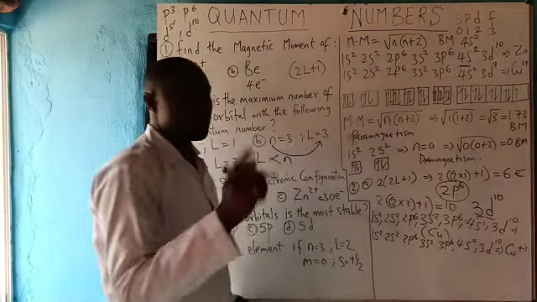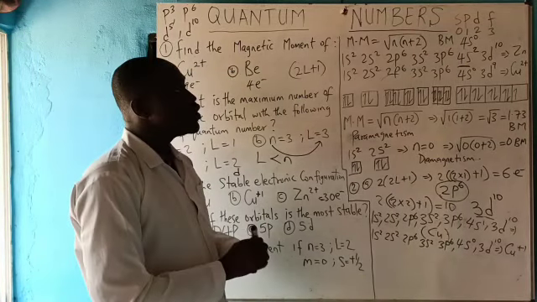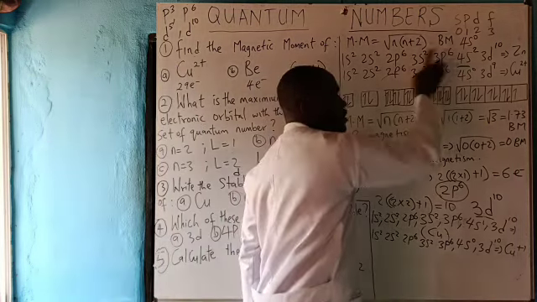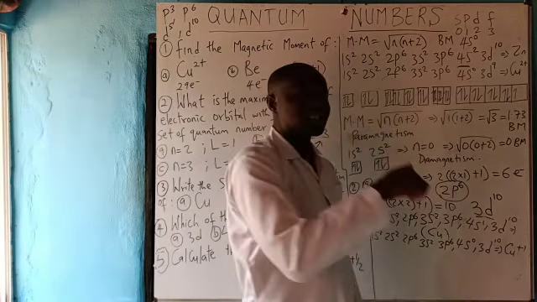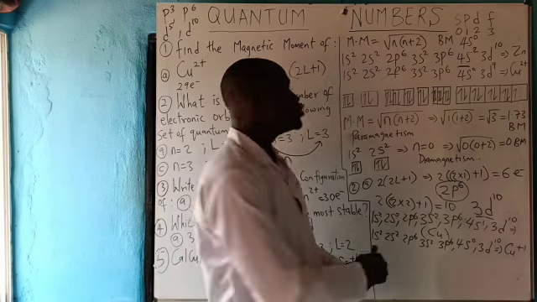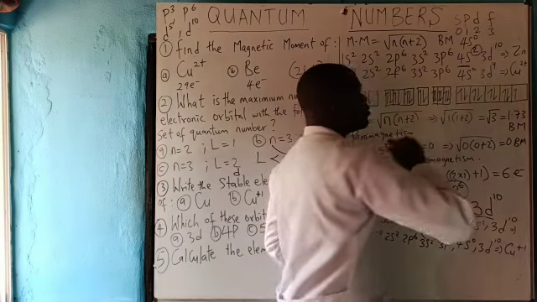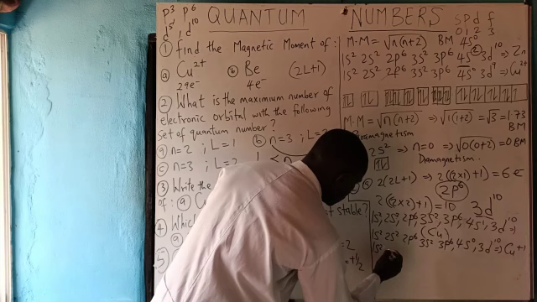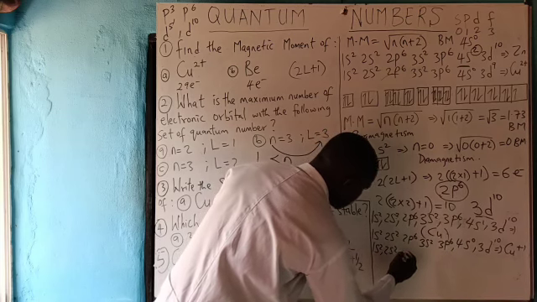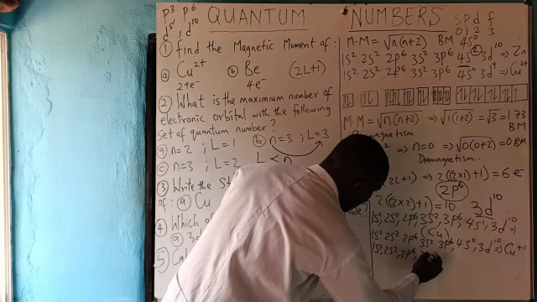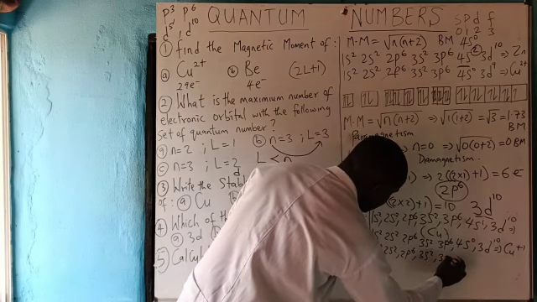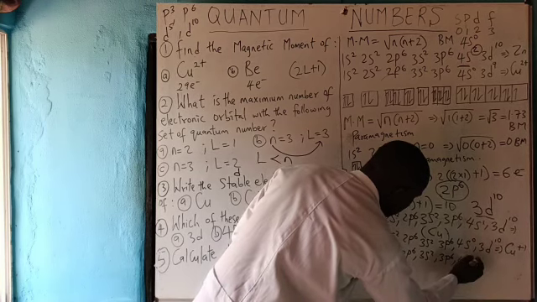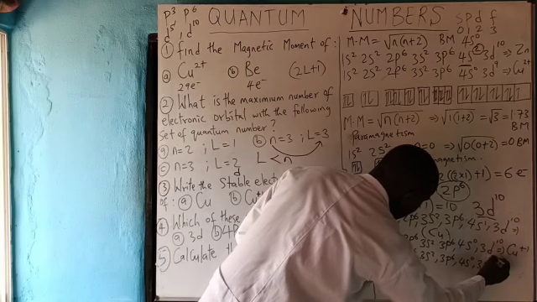Now for zinc 2 plus. Zinc 2 plus means it will lose 2 electrons from the outermost shell. And the outermost shell we have is the fourth shell. And this 4s2 is a subshell in the fourth shell. And so 2 electrons will leave from this to be given to a non-metal. And so we now have it to be 1s2, 2s2, 2p6, 3s2, 3p6, 4s0, 3d10.